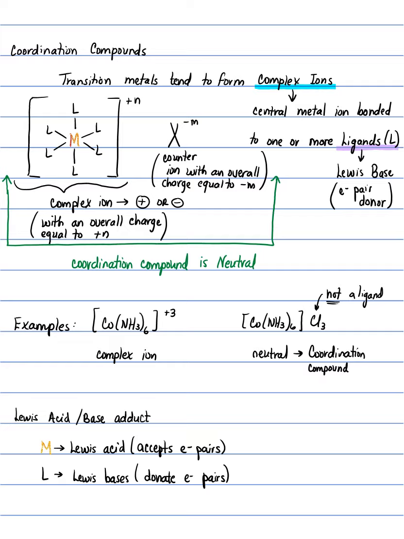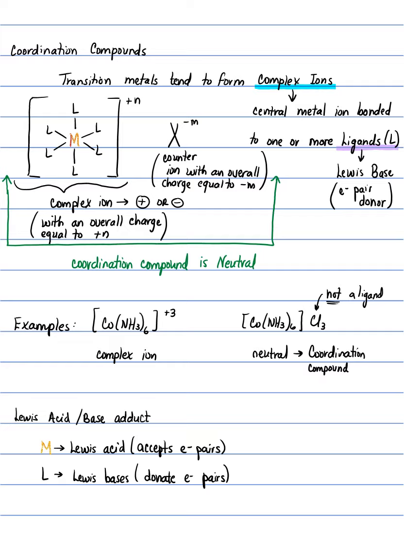If your complex ion has a positive charge, you will have negative counter ions to make a neutral compound. That neutral compound, when you have your complex ion and the counter ions with opposite charges, will form what is known as the coordination compound. If you have the metal bonded to the ligands and you have an overall charge, that is the complex ion.